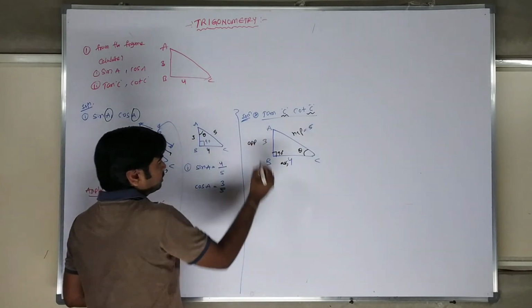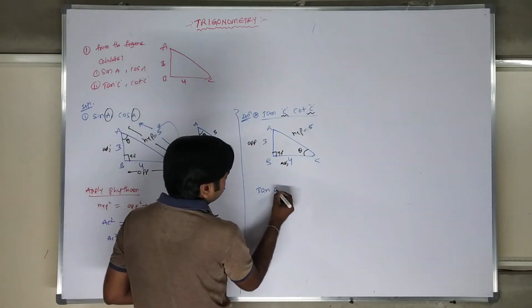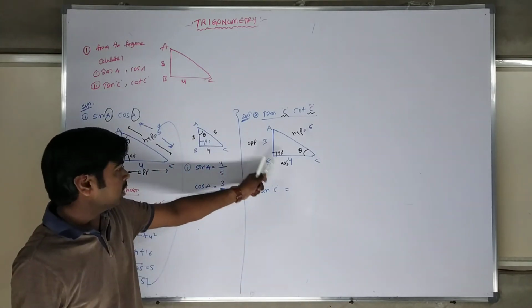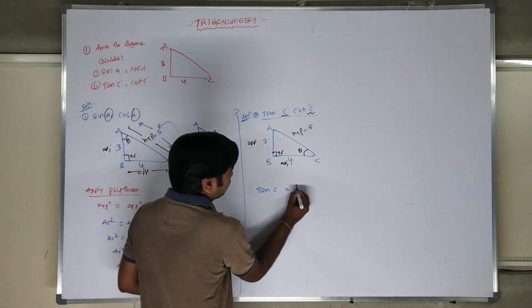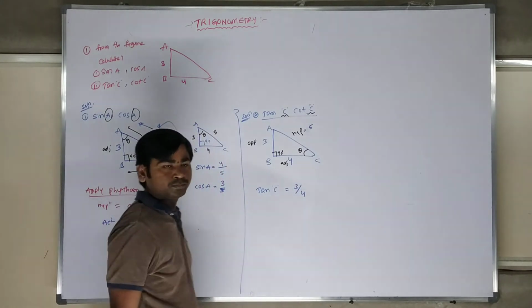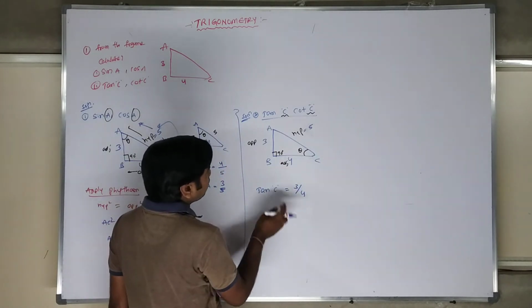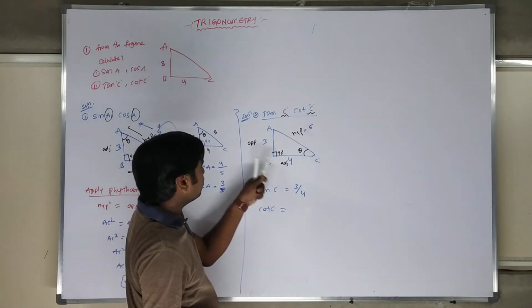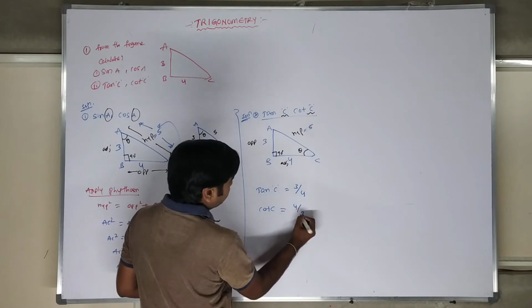So now we can write tan C. Tan C is equal to what? Opposite by adjacent, which is 3 by 4. If you want to write cot C also: cot C means adjacent by opposite, which is 4 by 3.